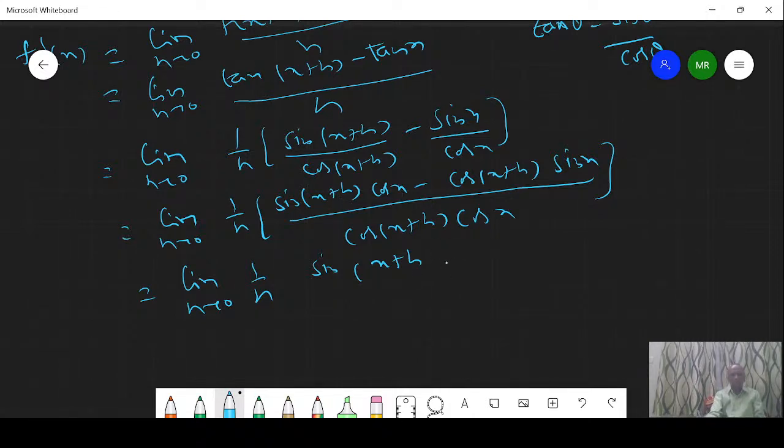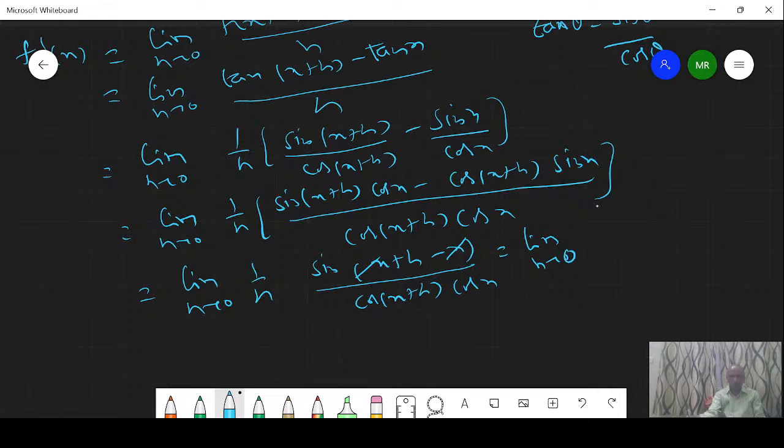Here a is x plus h and b is x, so this becomes sin of (x plus h minus x) by cos of (x plus h) into cos x. Now the x will get cancelled.